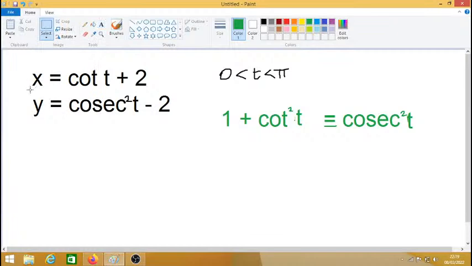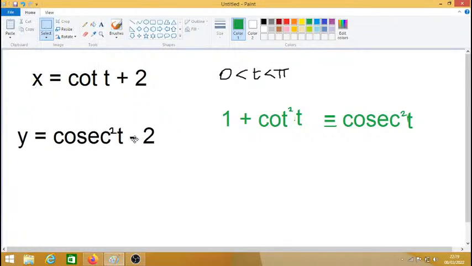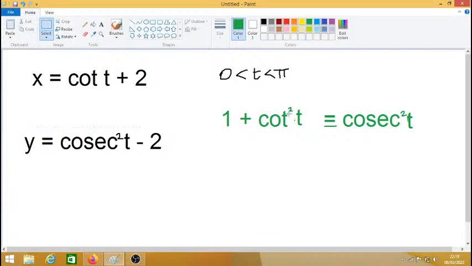Let's take each equation and let's try and rearrange it for the different parts that go in here. So if we can rearrange it for cot squared t and cosec squared t separately, then we can substitute each bit in turn. So the first one, x equals cot t plus 2. Let's take the plus 2 across. That can be a minus 2. And now I've got cot t, cotangent t, but I need cot t squared.